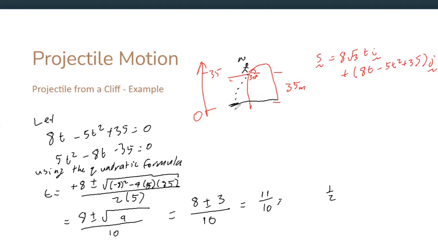But it doesn't matter as much as what we really want to see is this example of it going up and then landing the second time. That is the final time that it's going to land. So we want the bigger one. So we want the 11 over 10, or 1.1. So we want t equal to 1.1 seconds.